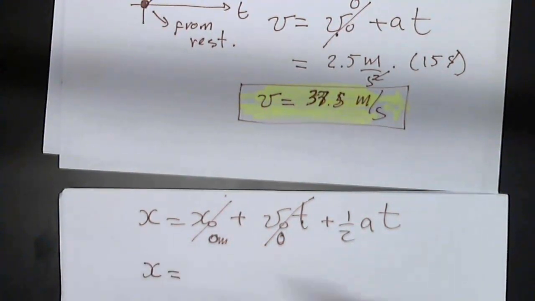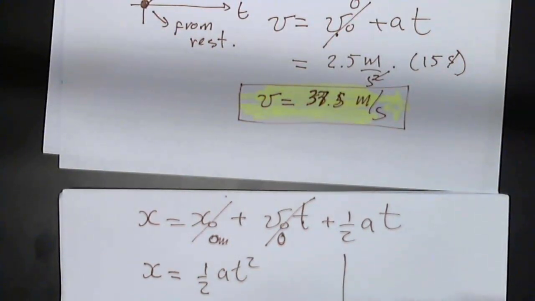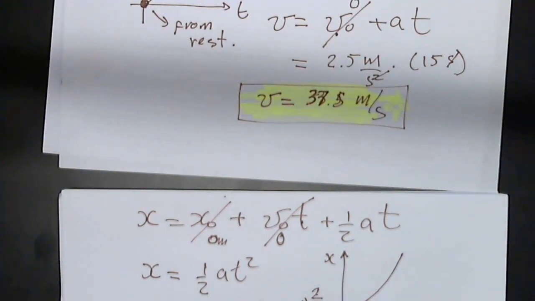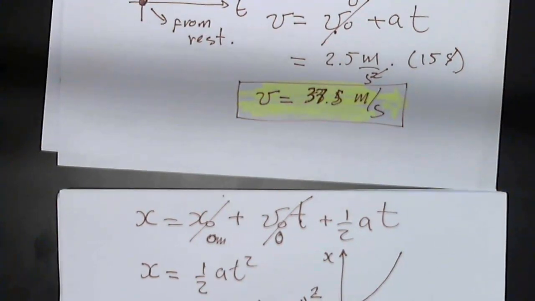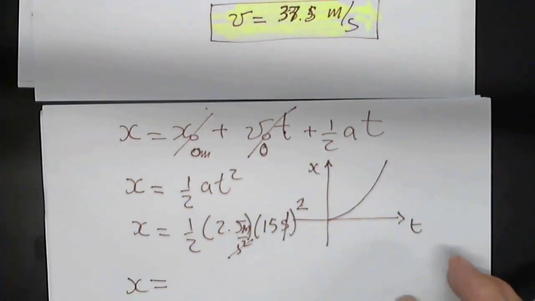So the position of the object is just 1/2 a t squared, which is this function over here. It's a quadratic function, and if you want to find what it is, just do this math. Remember, this is meters per second squared, this is seconds squared. Because the time is squared over here, the seconds cancel, and you are left with only meters.